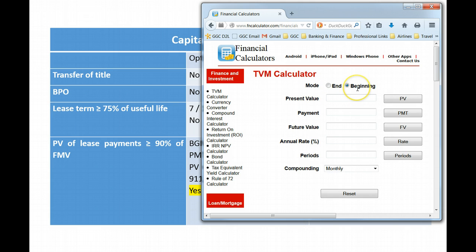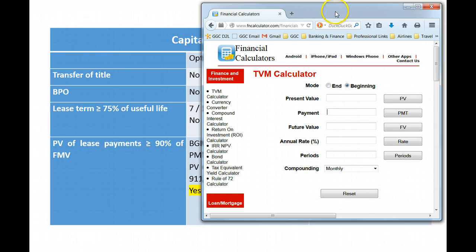First thing is payments are being made at the beginning of the year. If you have the problem in front of you, you see that we're evaluating potentially starting this lease on January 1st, 2015, and the first lease payment will be due at that time. That makes this a beginning of the period sort of situation.